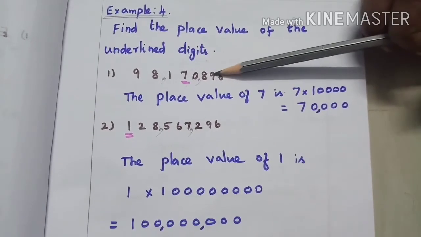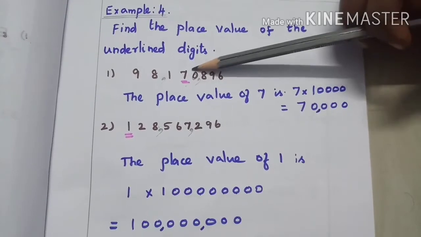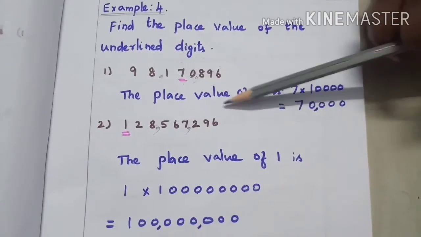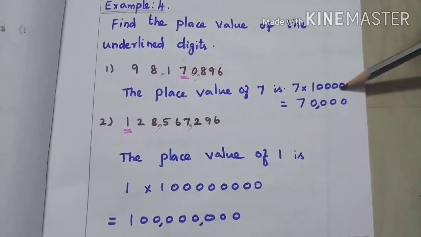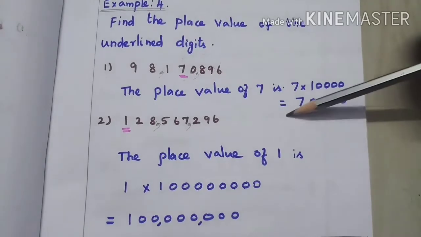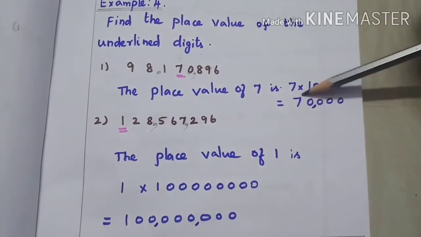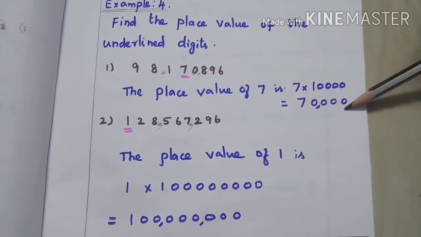The ones, the tens, hundreds, thousand, and this is the 10,000. So the place value of 7 is 7 into 10,000, that is 70,000.